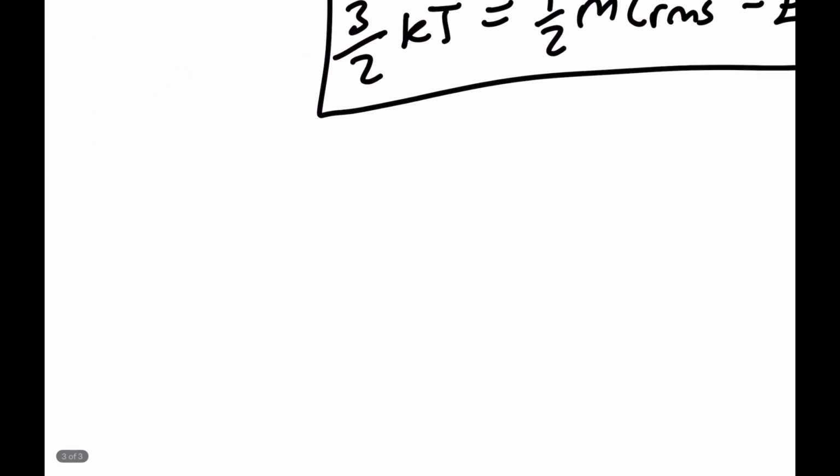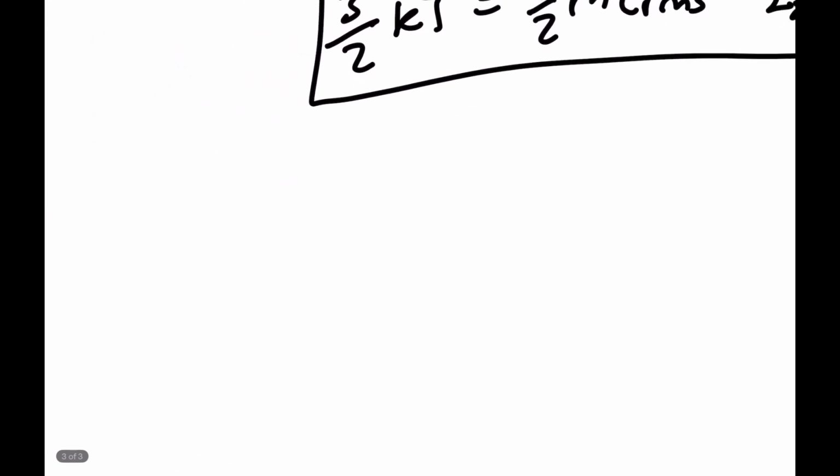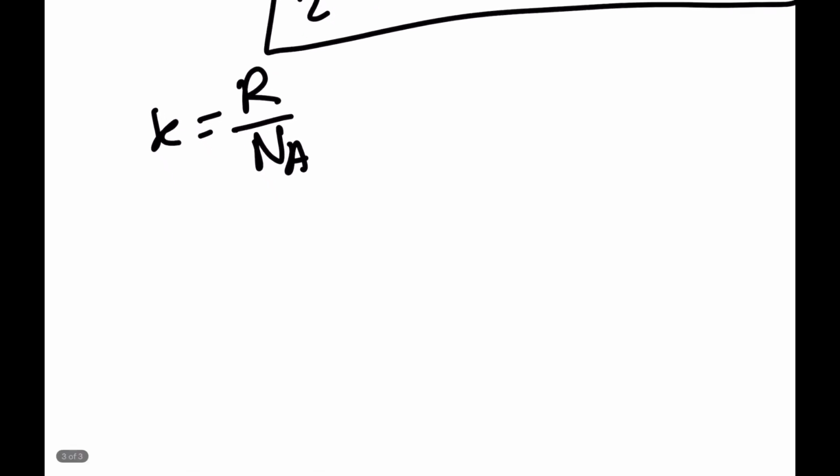Then, using this equation, k is equal to R/N_A, the Boltzmann constant equation that we found before.